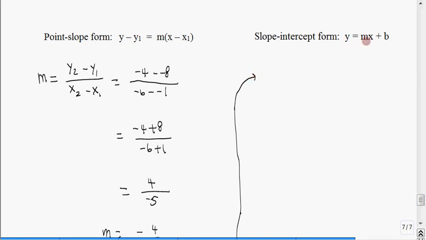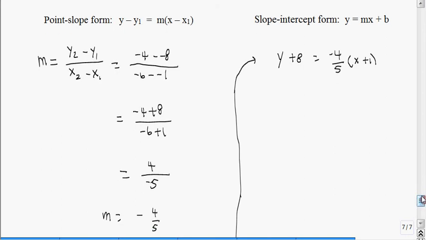So now I want to solve this equation that we just found. Solve it for y, which puts it in the slope-intercept form. So what we had just now was y plus 8 is equal to negative 4/5 times x plus 1. That was our point-slope form.